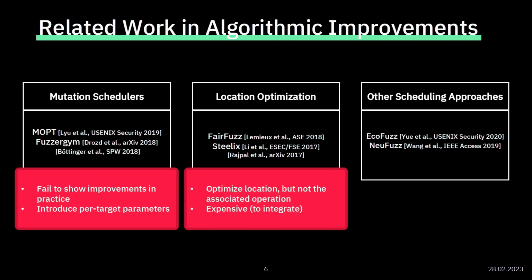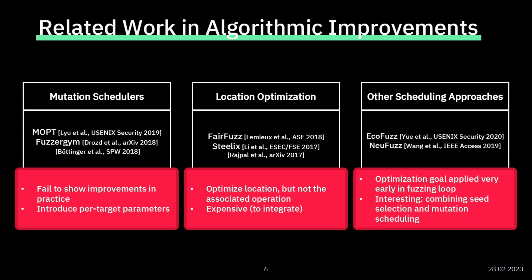Then you also have shortcomings on the location optimization side, because usually you want to optimize both location and operation. And they can be expensive to compute and also expensive to integrate. For example, for taint tracking, you need to really track the hot bytes in your fuzzing process. And for other approaches, you might need to statically generate additional information.